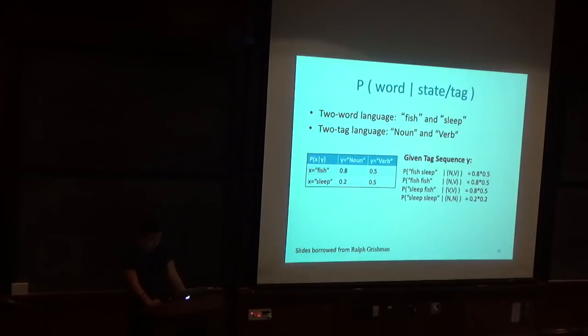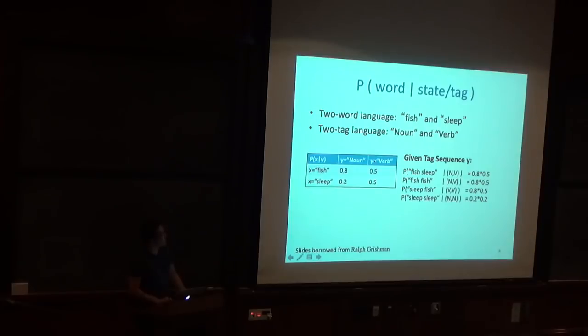Right. So, just to be very explicit, this is P of x given y, for a specific token in the sequence. If the current part of speech tag is noun, then the probability of x being fish is 80%, and the probability of sleep is 20%. We assume a 2-word input language and a 2-tag output vocabulary: noun and verb, fish and sleep.